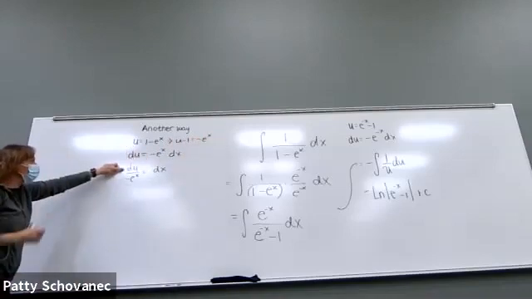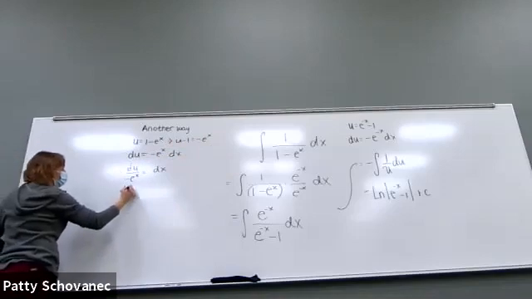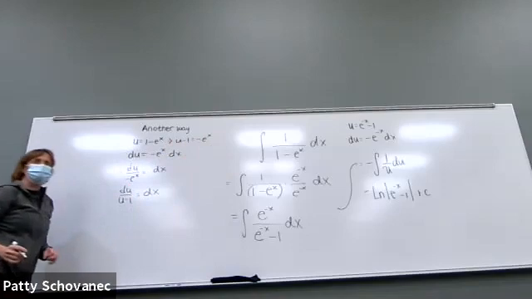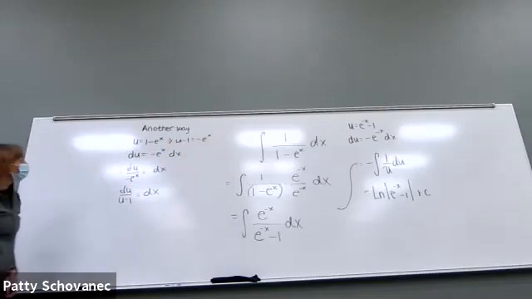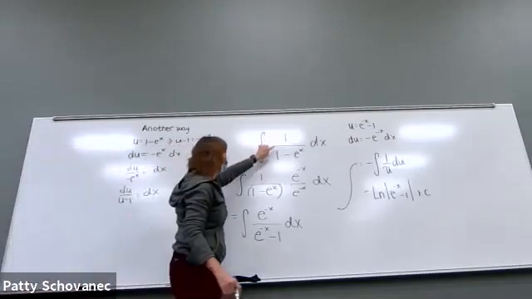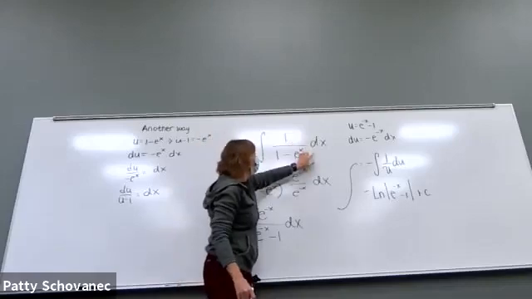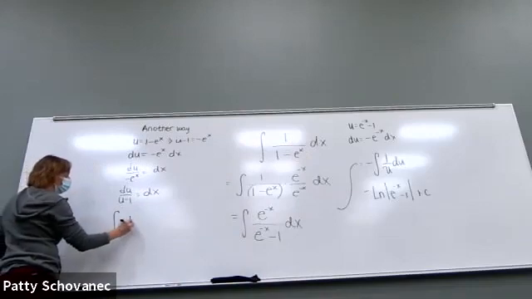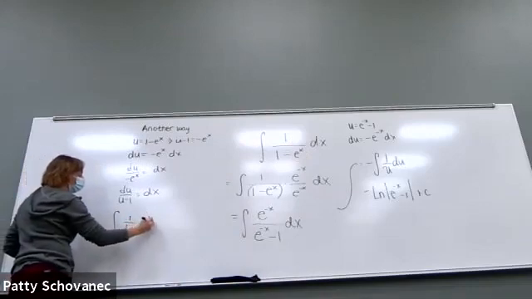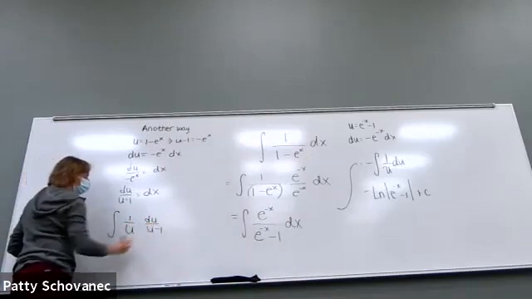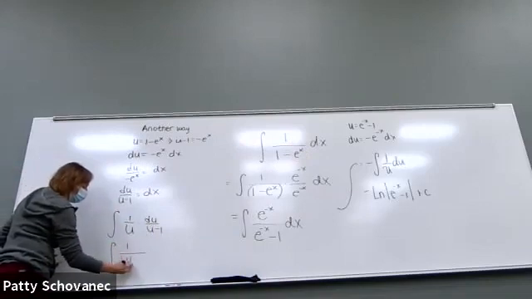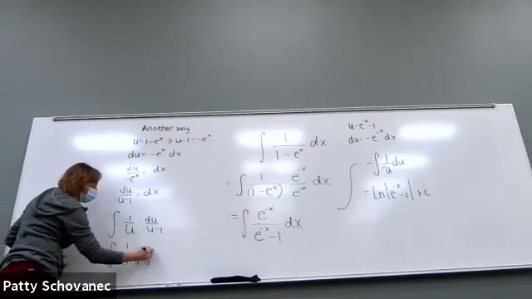So this becomes du divided by u minus 1. And so when we put those in there, we would have 1 over u times du over u minus 1, or you can write that as 1 over u times u minus 1 du.